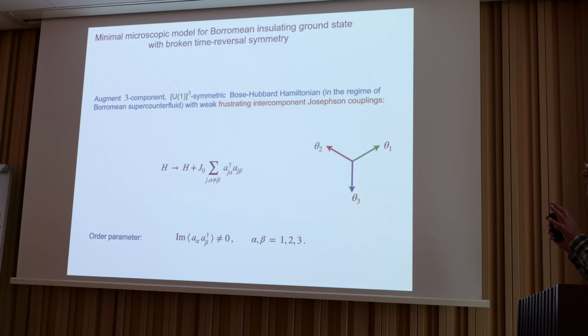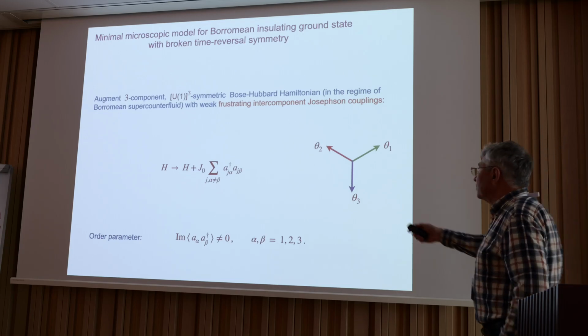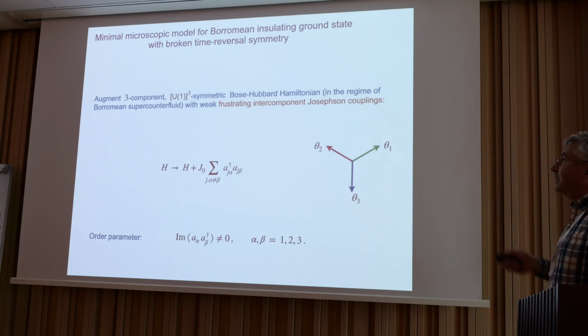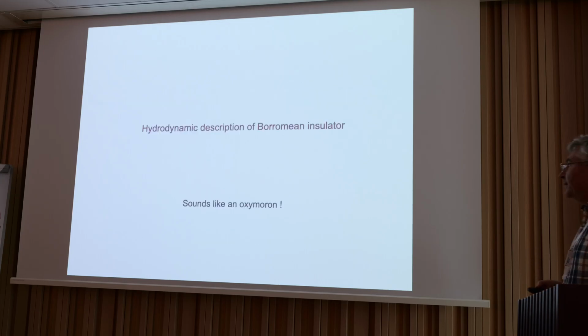So that's how we quickly promote the Borromean counterfluid to this non-trivial ground state, which we call the Borromean insulator. And there is a hydrodynamic description of the Borromean insulator, which sounds like an oxymoron, because what hydrodynamics of an insulator can be discussed?